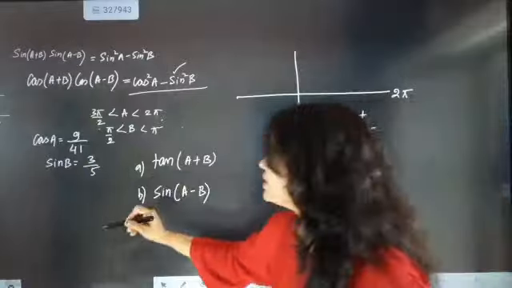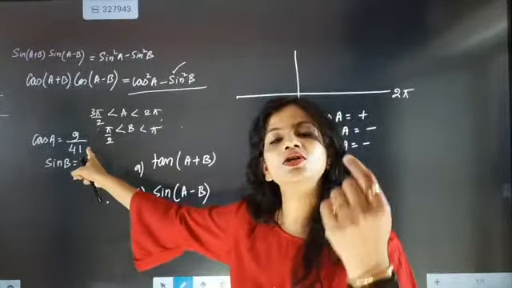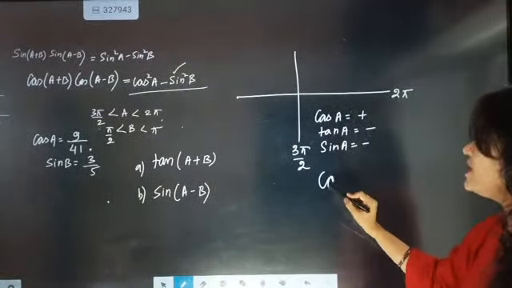So first, what is given to you? Cos A equal to 9 by 41.